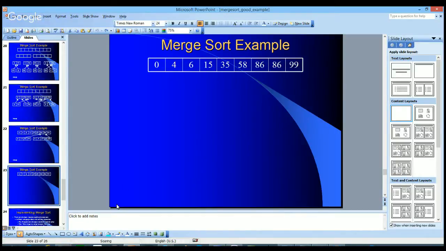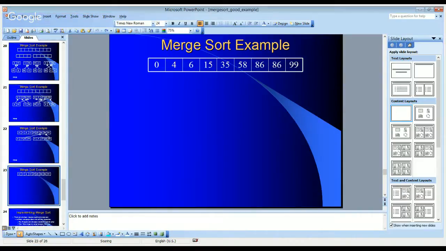To do the time analysis of the merge sort, I'm going to open a small note that I have made for the runtime analysis of the MergeSort.